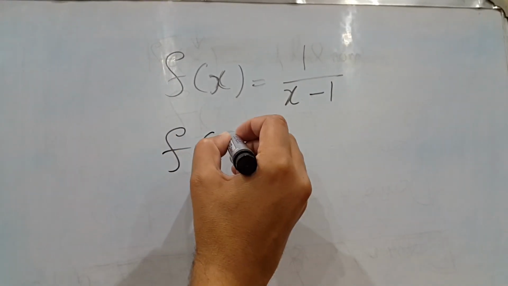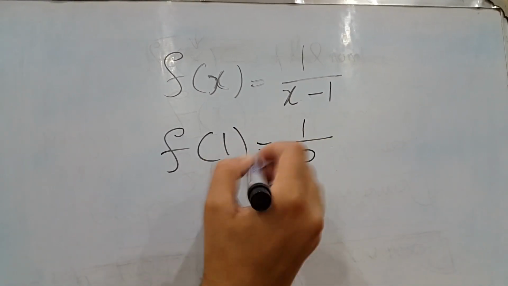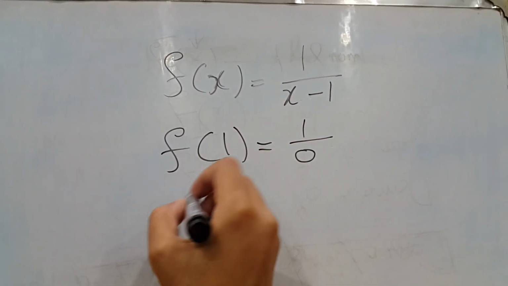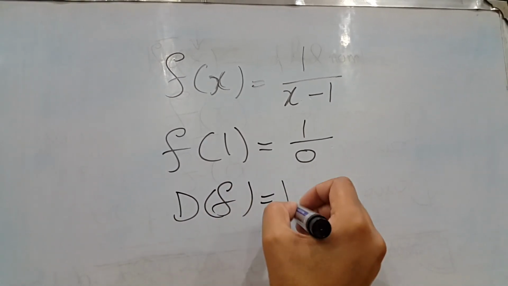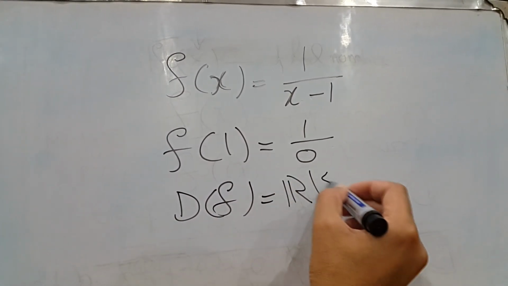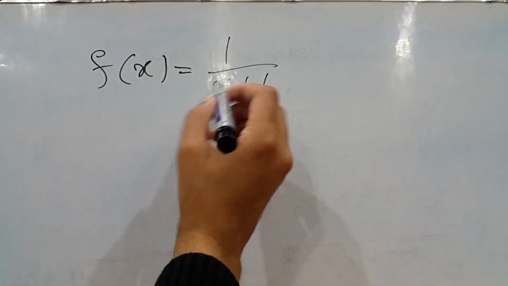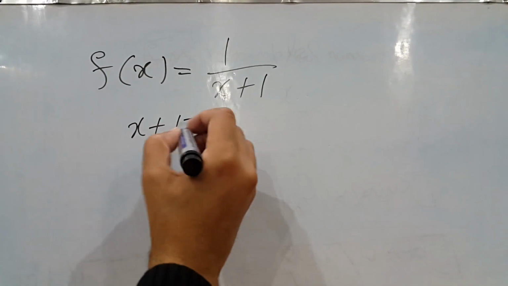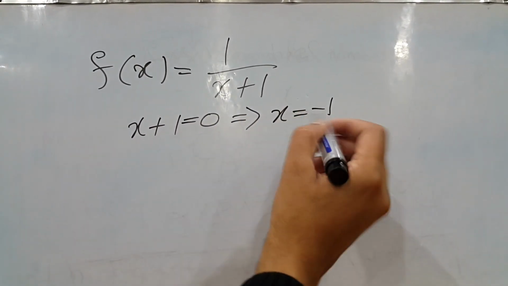You can see that if we put 1 in this function, we get 1 over 0. It means 1 should be excluded from the domain of this function. So the domain of this function is the set of all real numbers except 1. Similarly, if we put x plus 1 equal to 0, we get x equal to minus 1.